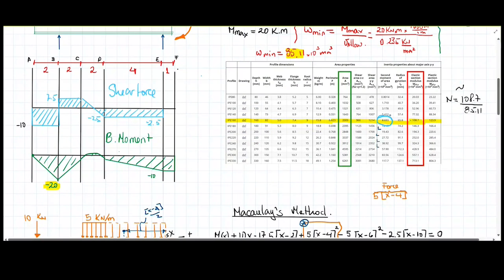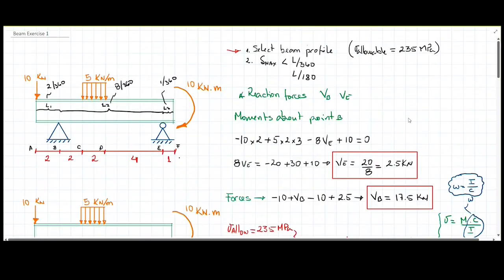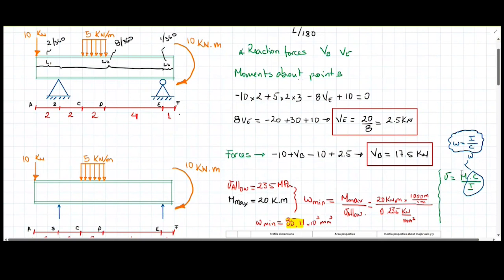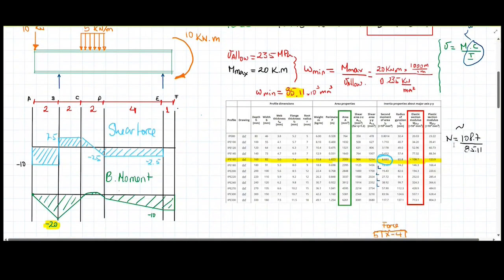So when you find the one that meets the deformation consideration, you stop and say, well, this is my profile. Now, I did this on purpose to let you know that even though you might have a very nice, just a rough estimation of your safety factor in here, let's put it this way.